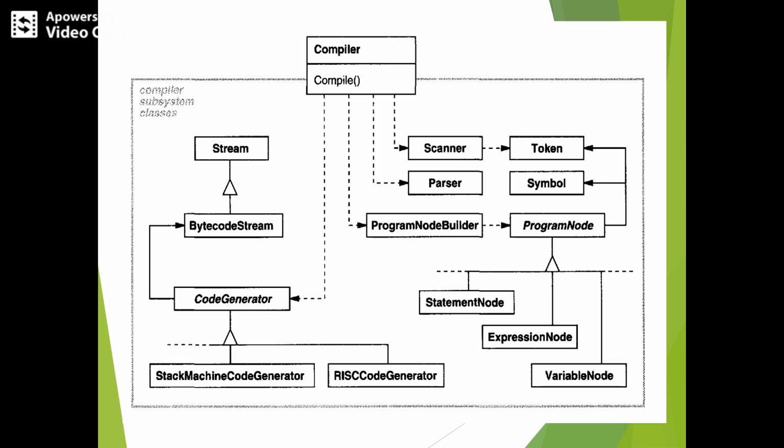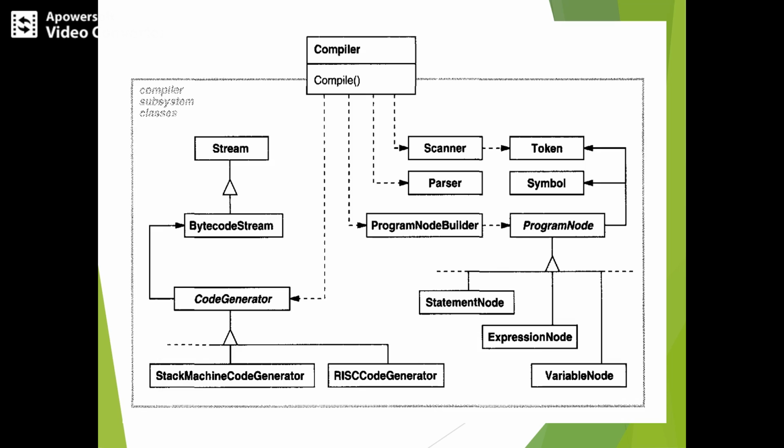That's why we are structuring a system. This is the entire compiler subsystem. Structuring a system into subsystems helps reduce complexity, and our common goal is to minimize communication. So the compiler acts as a facade class, including the subsystem classes.